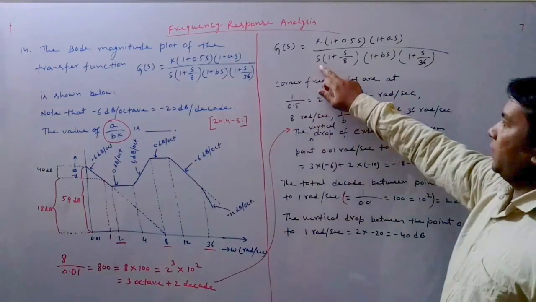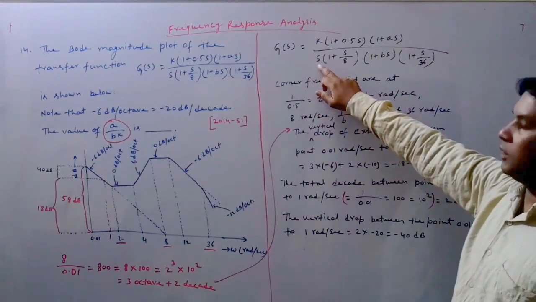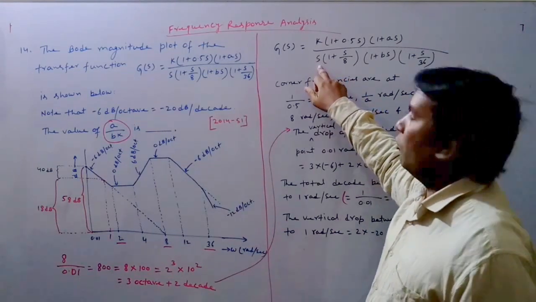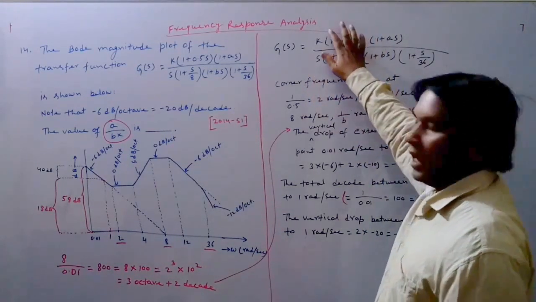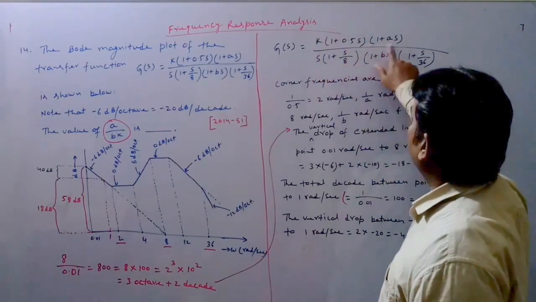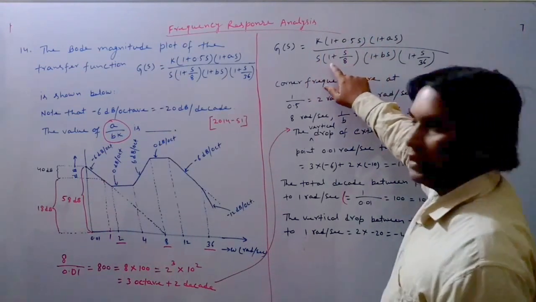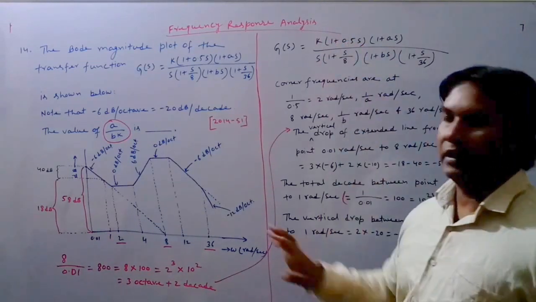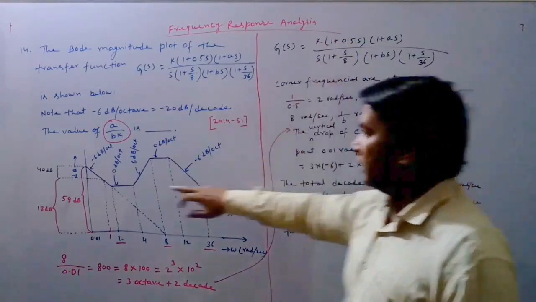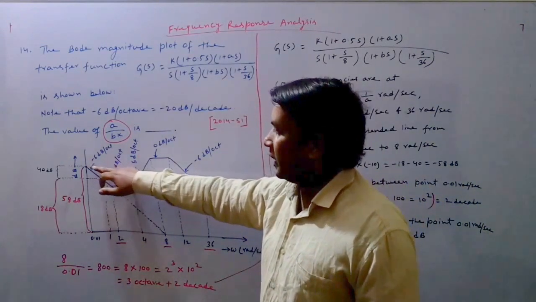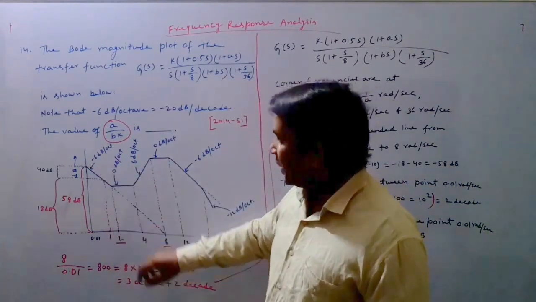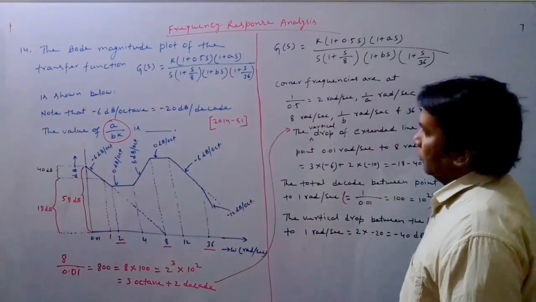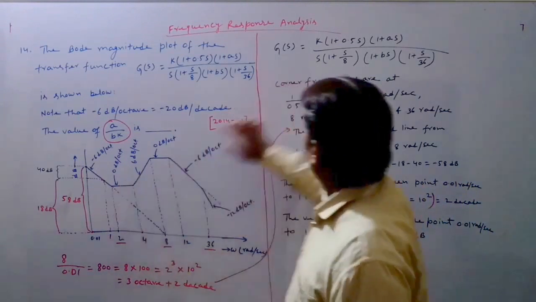Now here we can see that there is a pole at origin, and if there had been no zeros and no other pole, if the expression is like 1 by s only, there is only one pole, then this line must pass through point 1. But this much uplift is only due to this k.